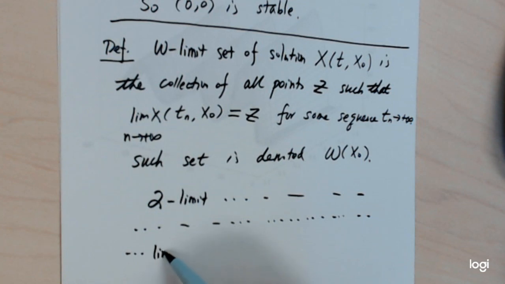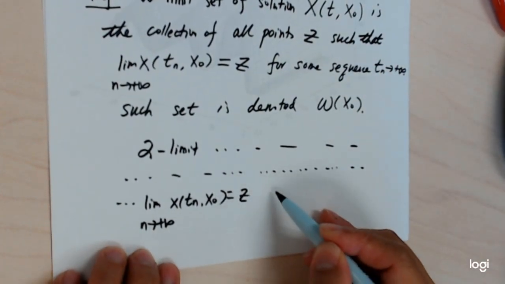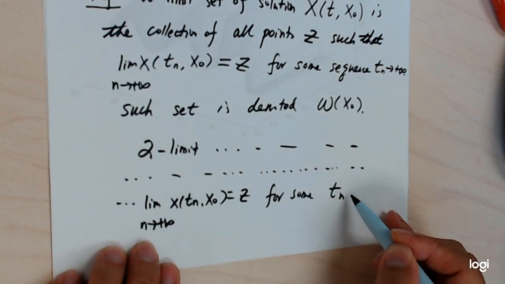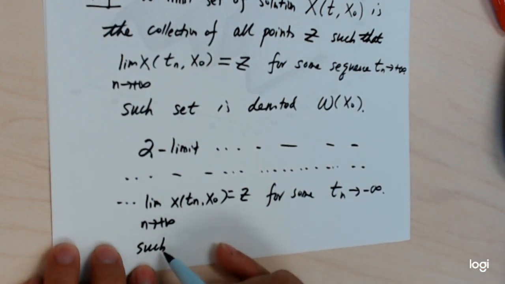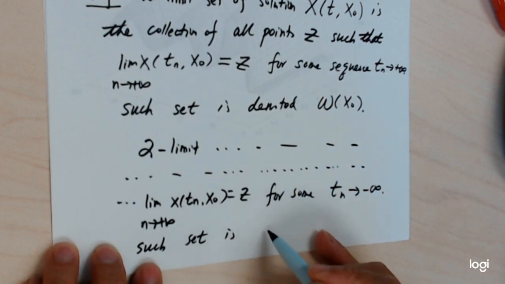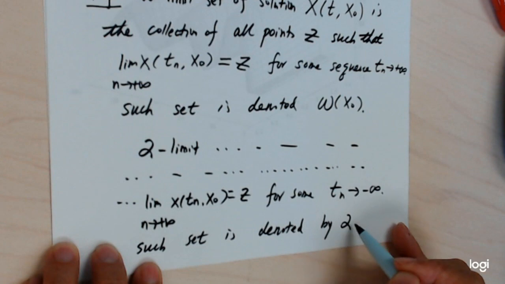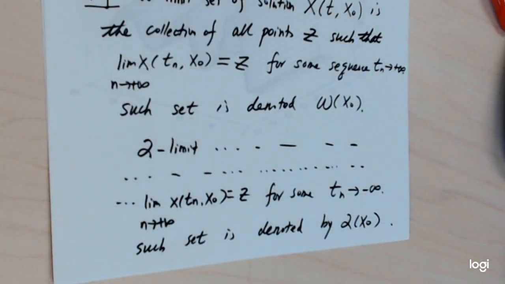I can still write it like this: there's a sequence t sub n going to negative infinity. So this is going backwards in time. Such a set is the alpha limit set. The alpha limit set is our primary concern in our next chapter, but this is where you hear it today.